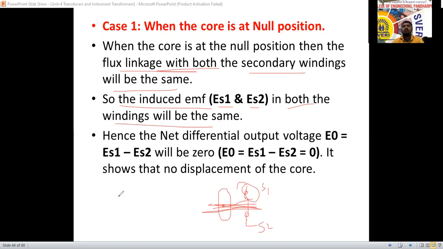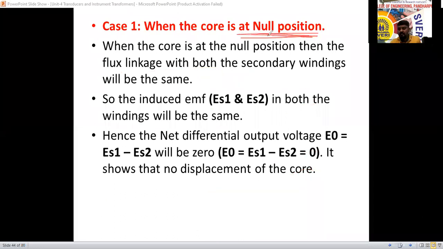According to this, we know the formula: E0 equals ES1 minus ES2. ES1 equal to ES2 means what is the output? The output will be 0. So it shows that the displacement of the core is 0. There is no displacement at all. That is the null position, we are going to call it.